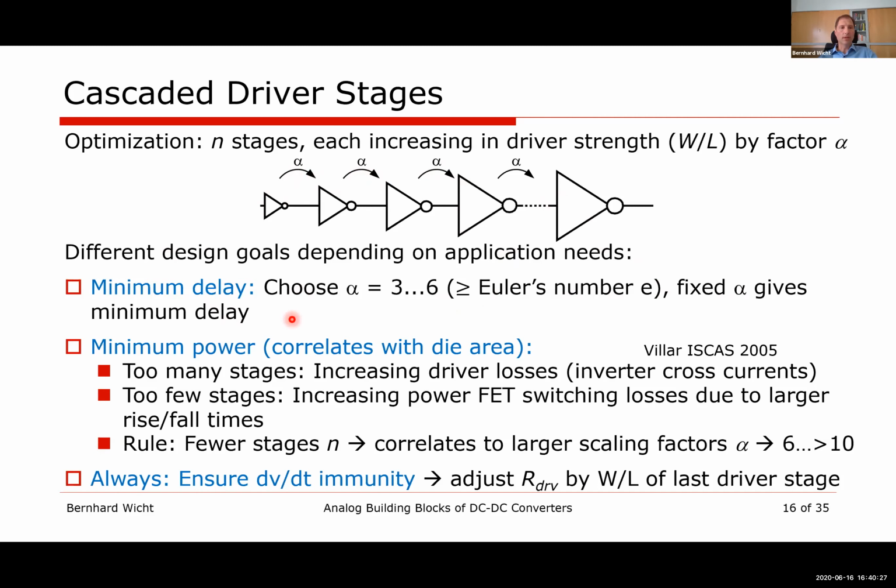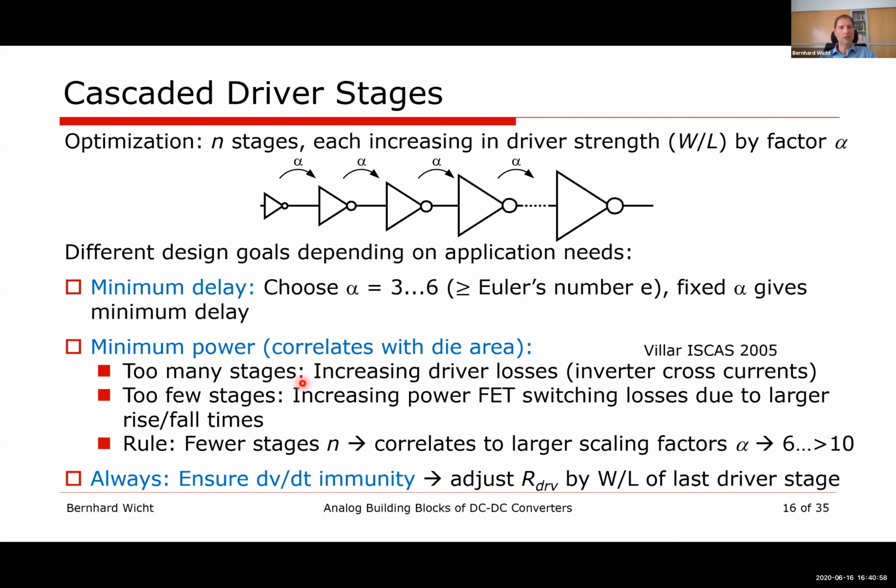There are other applications that are not shooting for minimum delay, but rather minimum power consumption in the driver. And this is also a little bit correlated with the die area. So if you want minimum power and minimum die area, then these are the constraints. If you have too many stages, we have a lot of inverters, and each inverter has cross currents. So that's, of course, the limitation.